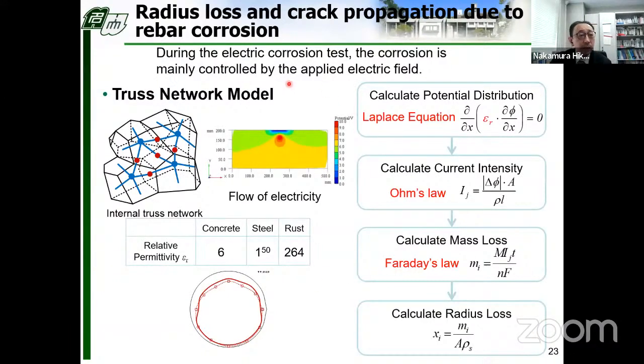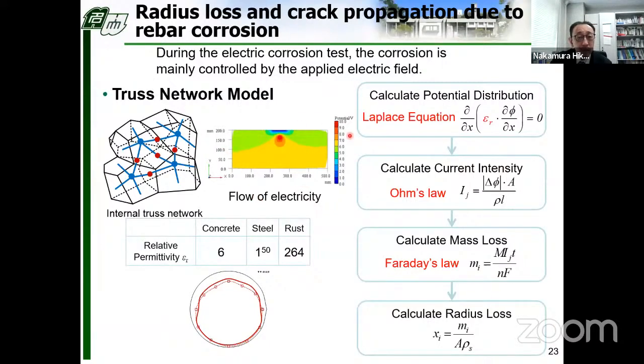We consider that during the electric corrosion test, the corrosion is mainly controlled by the applied electric field. So the truss network model deals with the flow of electricity. Hence, first we use the Laplace equation to calculate the potential distribution.